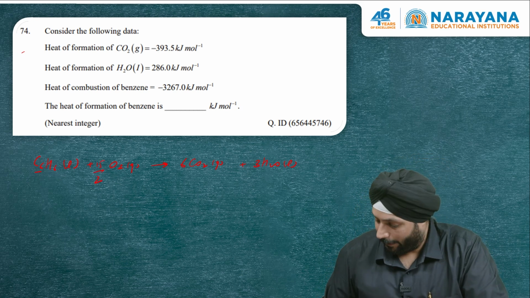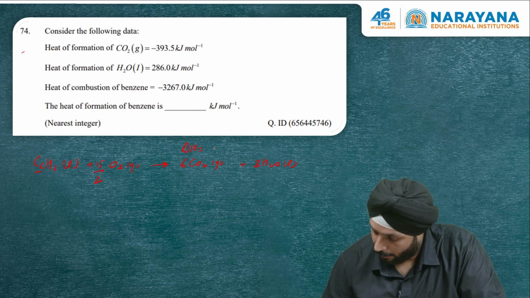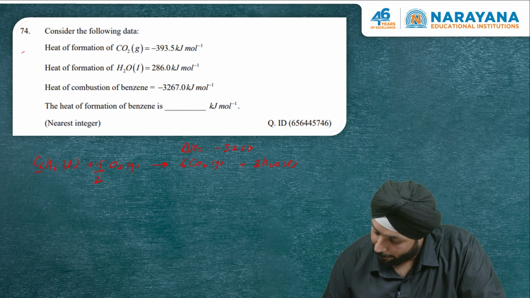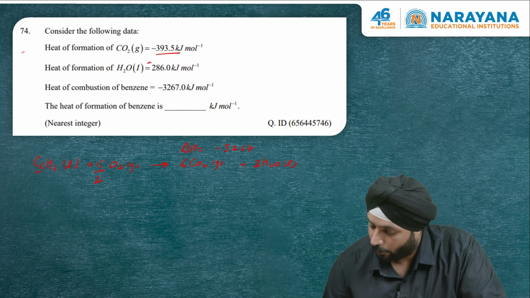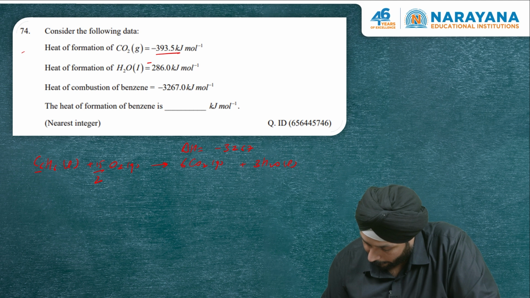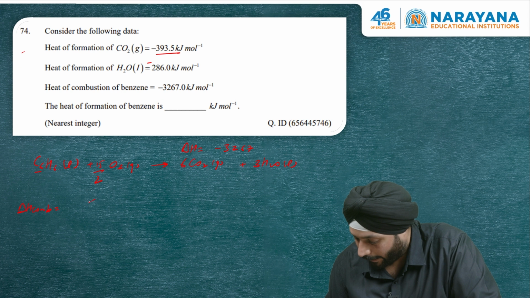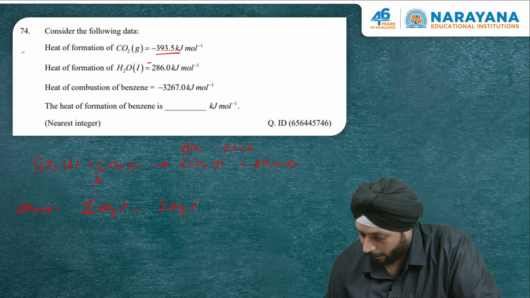Now understand one thing, delta H of this reaction is given to me as minus 3267, right. Enthalpy of formation of carbon dioxide is negative 393.5 and for water is negative 286.0. So delta H of combustion should be equal to summation of enthalpy of formation of products minus summation of enthalpy of formation of reactants.